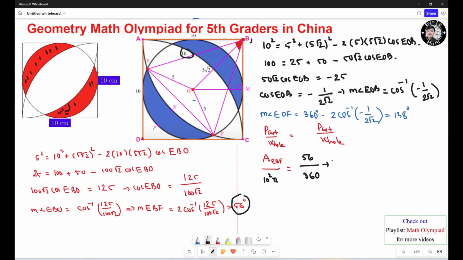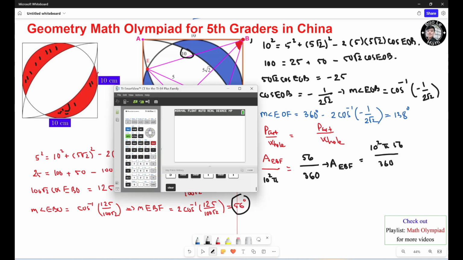So the area of the sector EBF equals 10 squared times pi times 56 divided by 360. 10 squared is 100 times 56, it could be 5600 times pi, and then divide by 360.